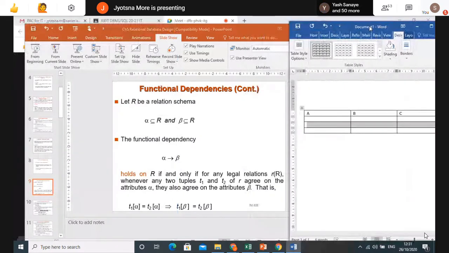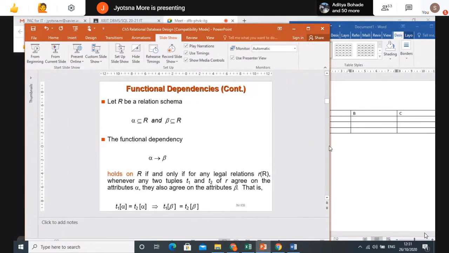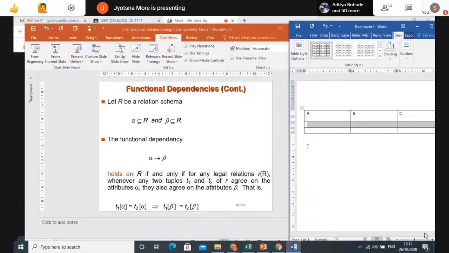Consider A as alpha right now. So this is T1 of alpha equal to T2 of alpha, the second tuple. If these two are the same, then T1 of beta, here T1 of B, is also equal to T2 of B.